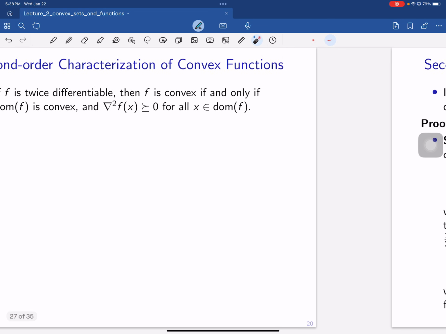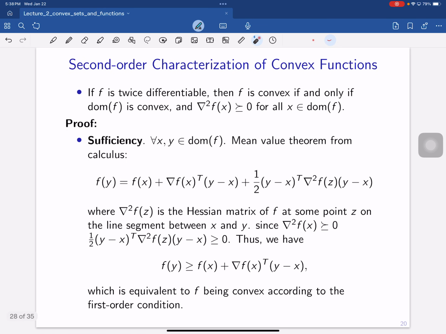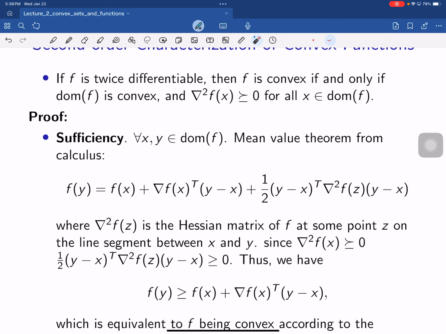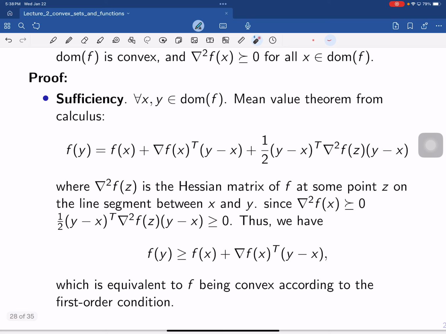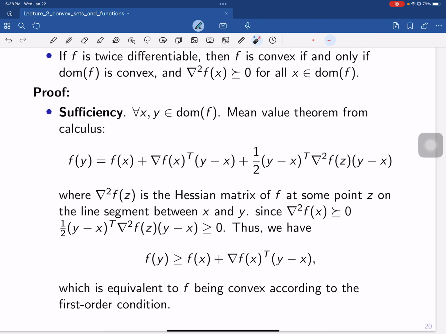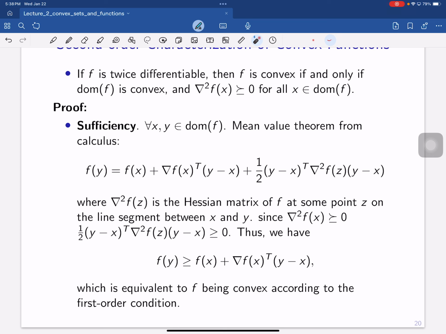Okay, so that's that. And then the reverse direction is a bit easier to show, where you show that the second order characterization implies the first order characterization, right? Because we already showed the first order and the definition are equivalent. If the second order implies the first order, that implies the definition as well. So here you can just use the mean value theorem again from calculus.